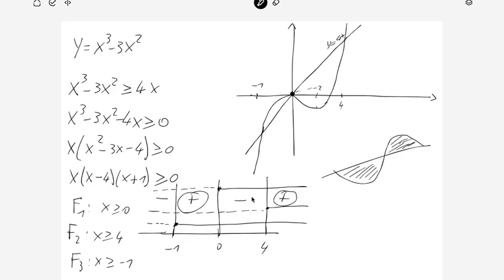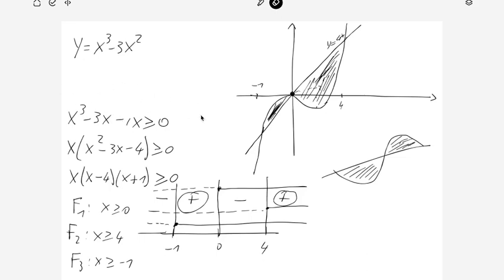And here the function is below the straight line, and here the function is above. Okay, so the two regions obtained are these two. So -1, 0, and 4.